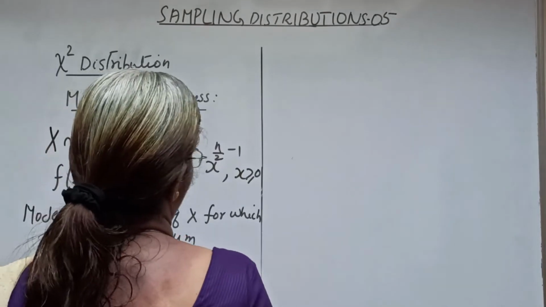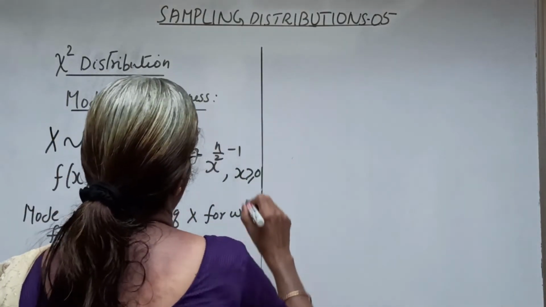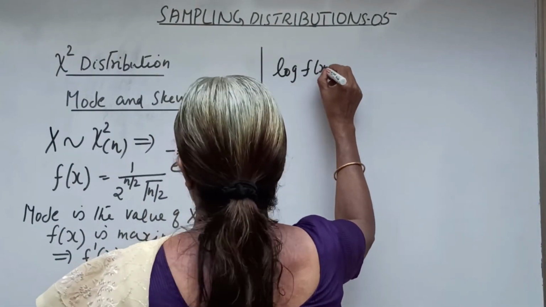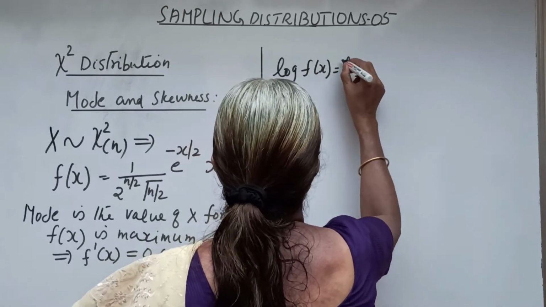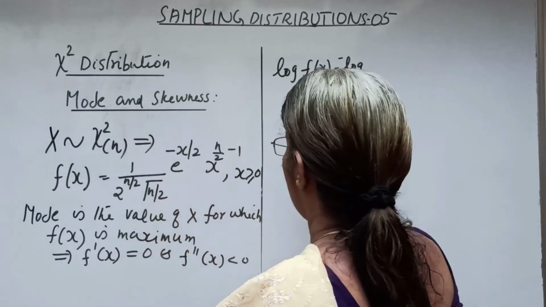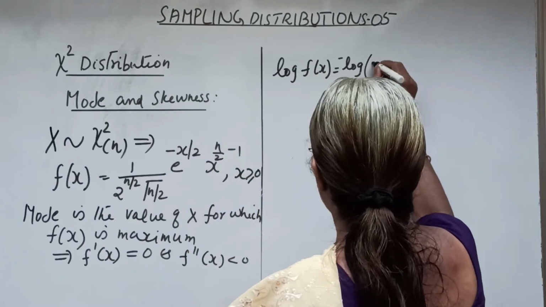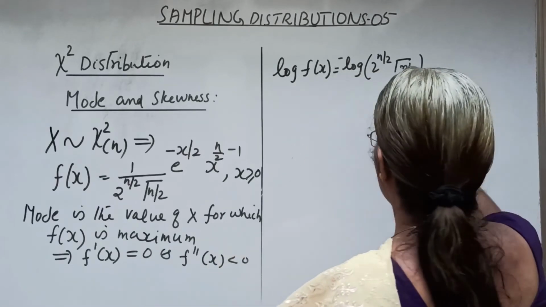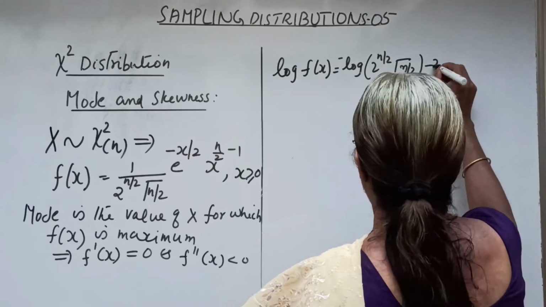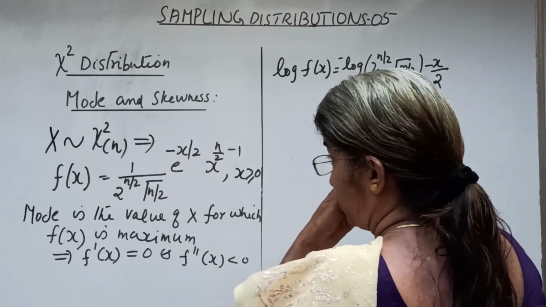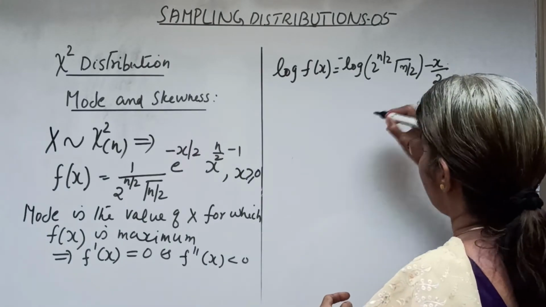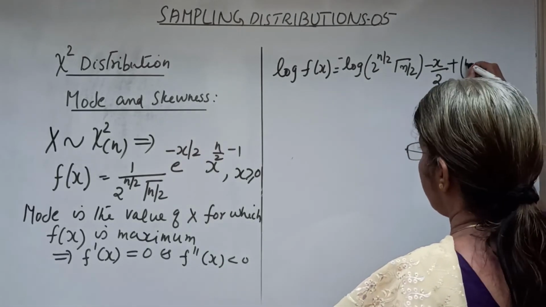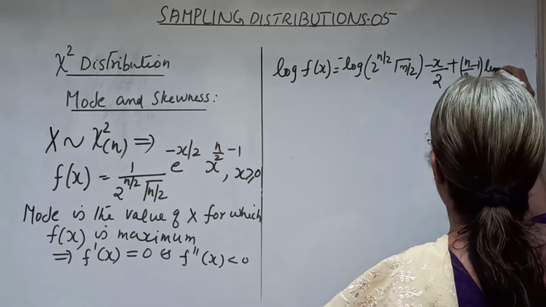Now, we have this f of x, and in order to differentiate the function, we obtain log f of x. Log f of x is minus log of 2 raised to n by 2 gamma n by 2, plus minus x by 2 log e to base e, which is 1, plus n by 2 minus 1 into log x.